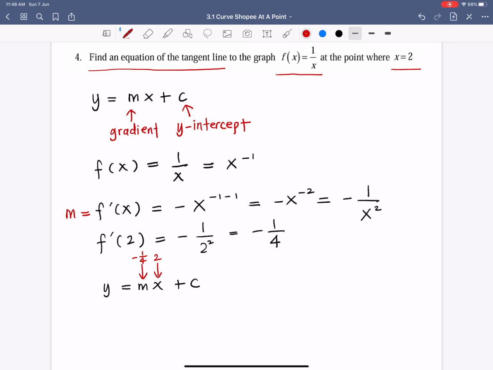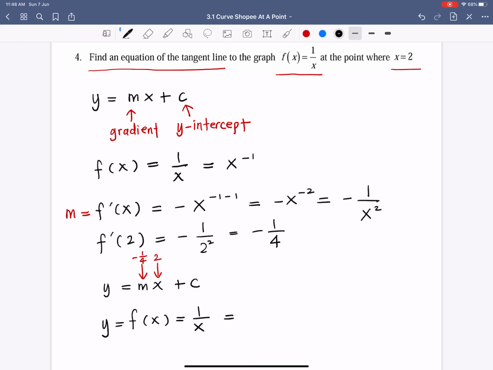Okay, you have fx. From the question, fx equals 1 over x. And we know that fx is a function in terms of x, where fx is the y value.